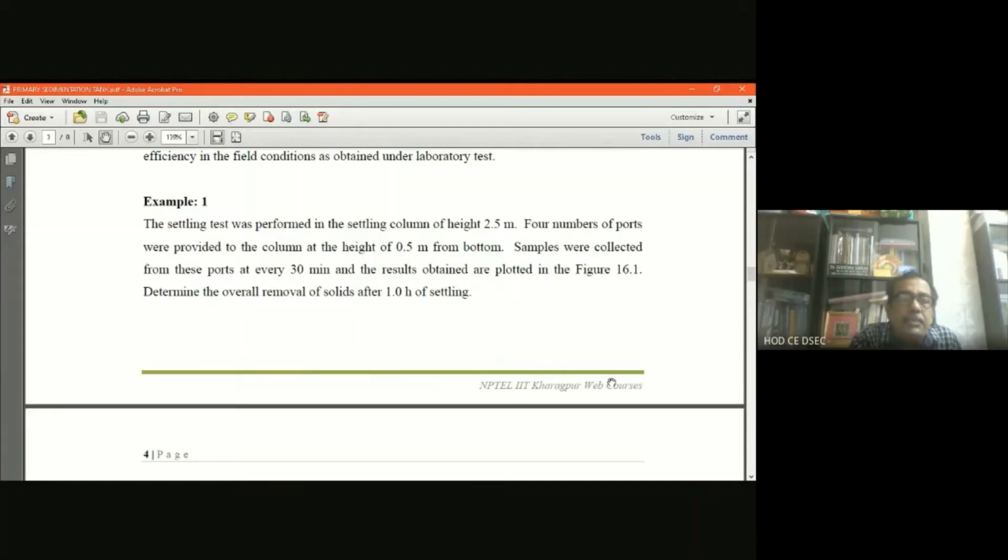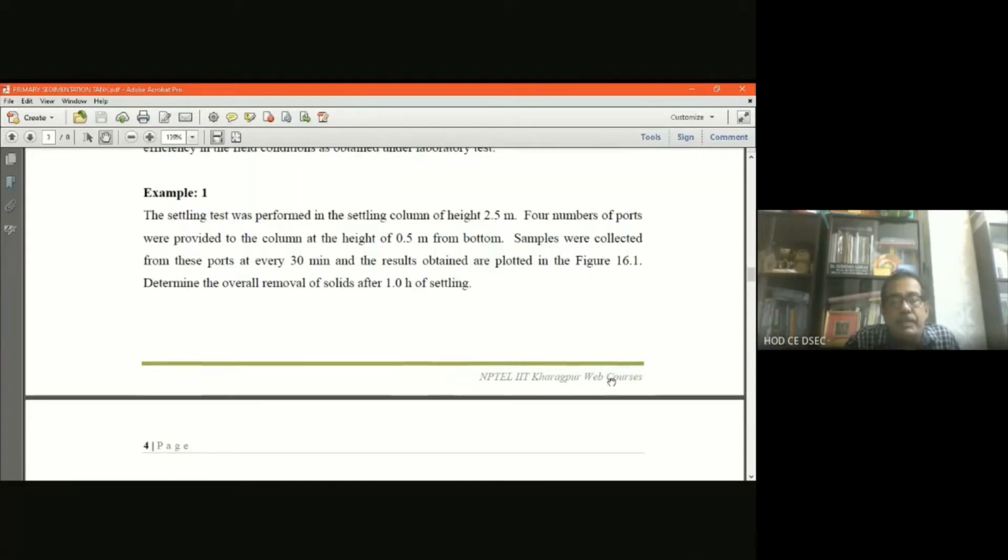Samples were collected from the ports every 30 minutes, that is also given. The sample results obtained were plotted in the figure that I am going to show you. And determine the overall removal of solids after 1 hour of settling.